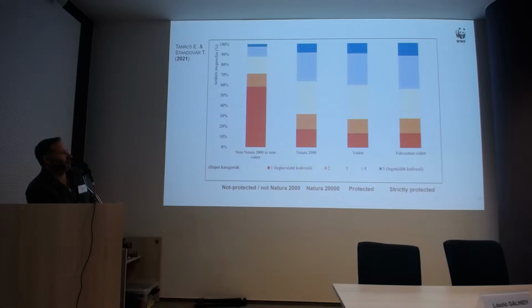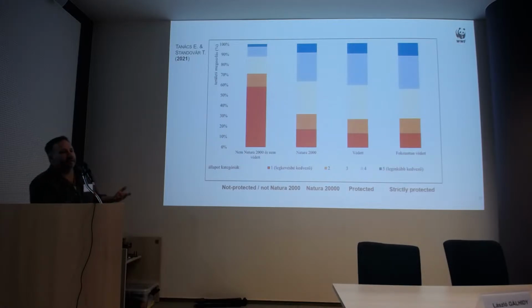But for the strictly protected, the picture is also very colorful. So even in strictly protected forest, you will find very low naturalness stands and just a little bit better, and a relatively small portion of the best ones.